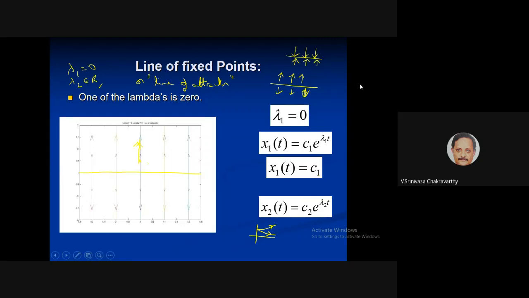So you can see that even in two-dimensional cases, you find such interesting cases. In n-dimensional cases, you can have a whole subspace of fixed points or an attracting subspace, where all flow can be attracted towards the subspace. But we won't talk about that later. But it's good to know that these are the cases that are possible.